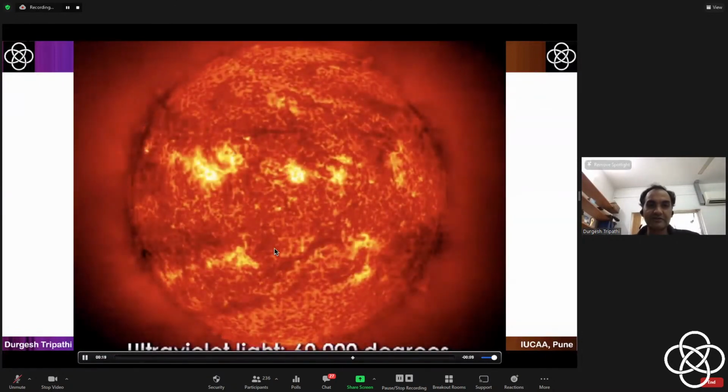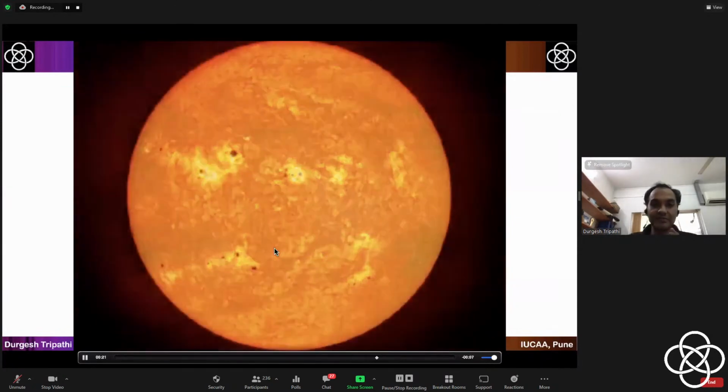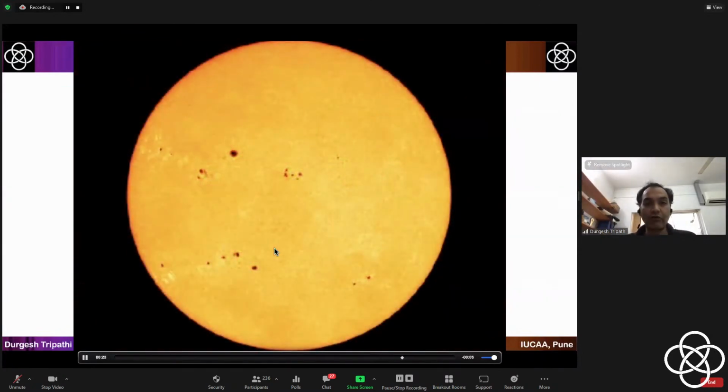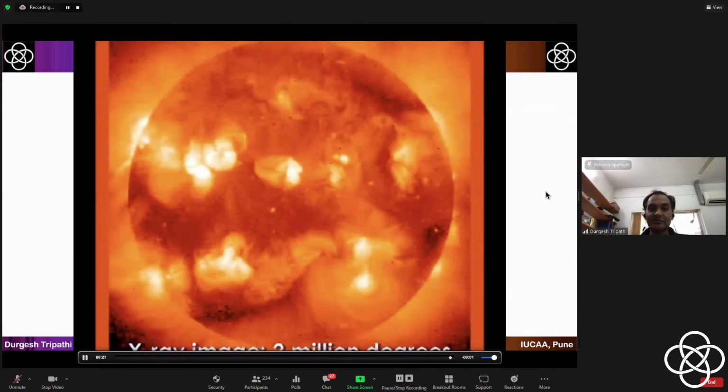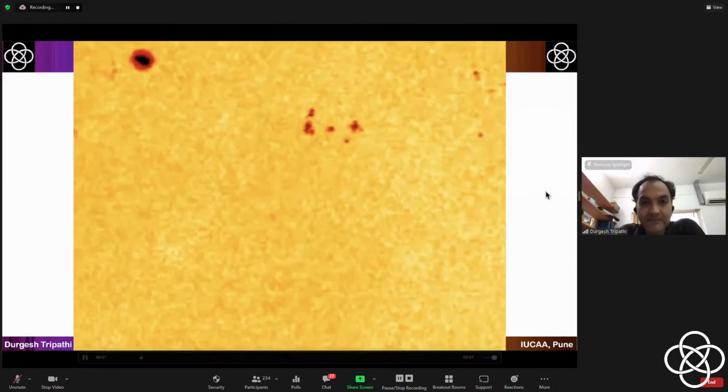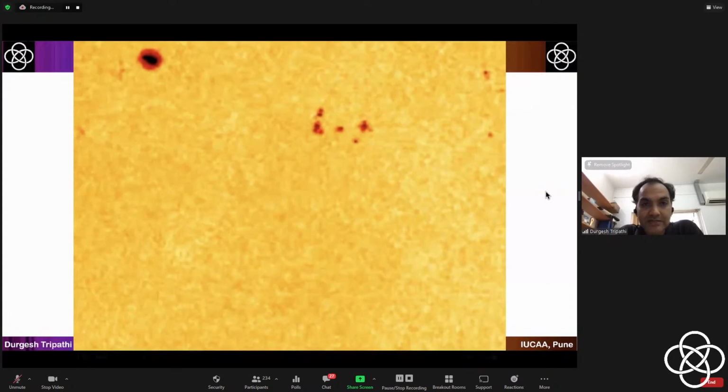So this is the chromosphere, observed in helium-2 304. Now this is an X-ray image, which is emitting at 2 million degrees. And essentially it tells you that the regions where you have strong sunspots, that means strong magnetic field, are where most of the brightest structures are within the solar corona and in the upper layers of the atmosphere.